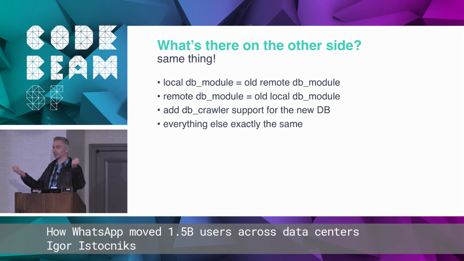So now the previous local DB module, which used to be local for us in the previous data center, is our remote, right? The previous remote module is our local now. Yes, we need to teach the DB crawler how to crawl the new DB, because it's different. But everything else is exactly the same. We don't need to change any code. It's just a configuration change, and it works. And that's how we moved our users to the other side.